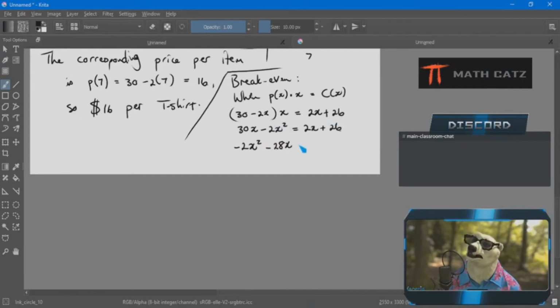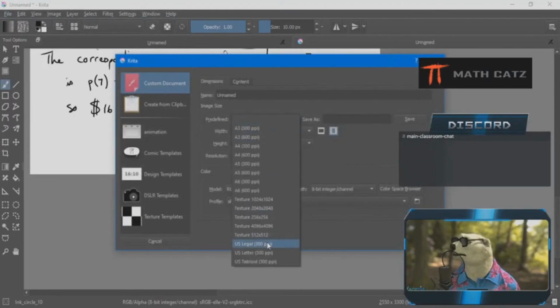Take the 26 over as well to give me, not minus, that's a plus, to give me a minus 26 though, equal to 0. So I have a quadratic equation to solve, which means I use the quadratic formula, which I'm going to do on a new page just so that we can see it if we want to.